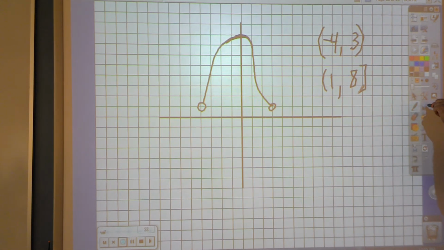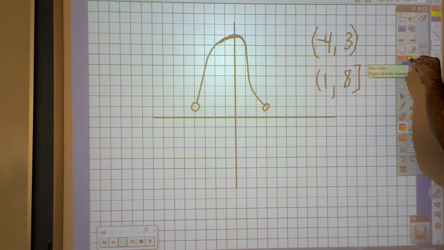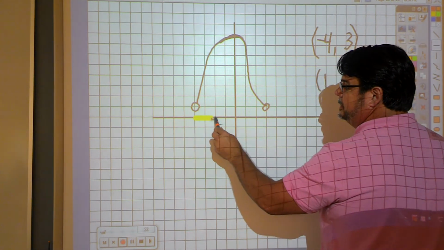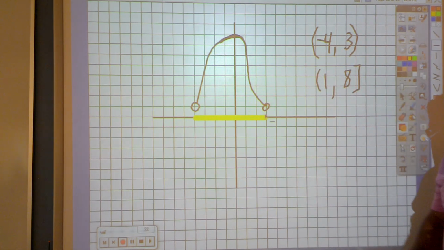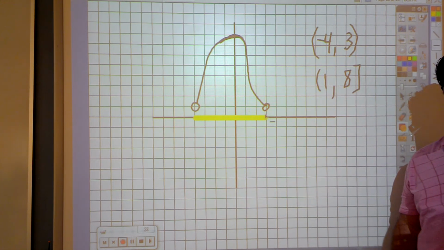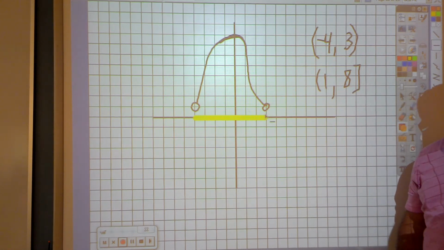Get your highlighter. Take your highlighter and go from there to there. And then ask yourself, do you have open circles or closed circles? So they both have to be open.